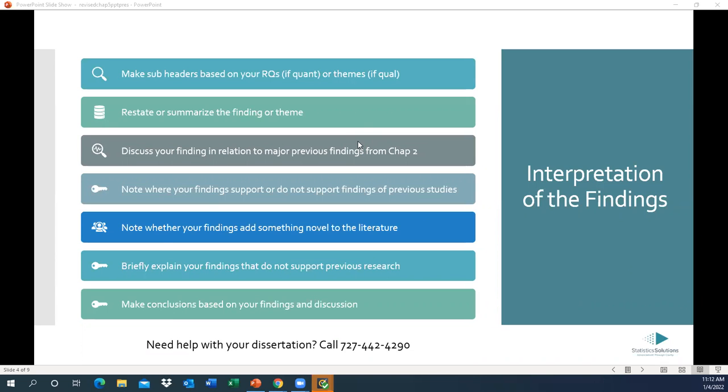It just depends on what makes sense as you go along. Sometimes you can do what I just described for the quantitative portion, then have a discussion of the qualitative portion and how that relates to the quantitative portion above. That's if it's a mixed methods design.